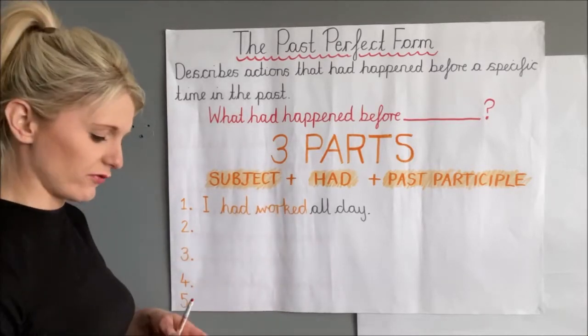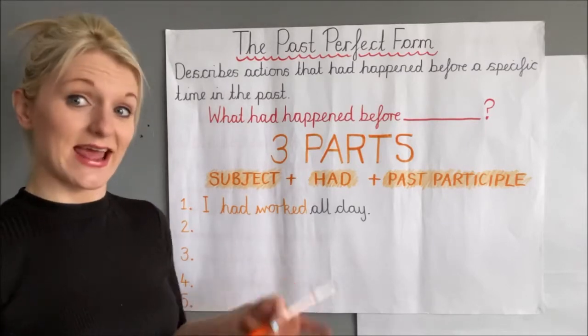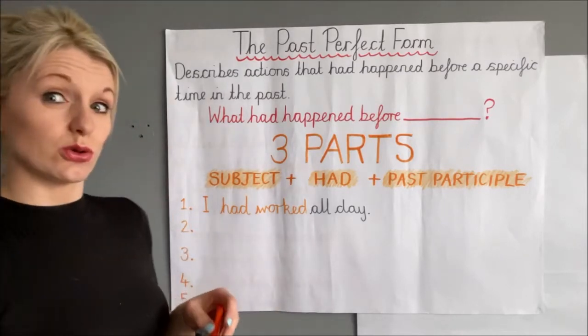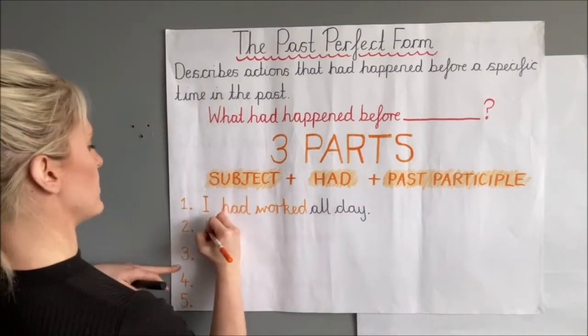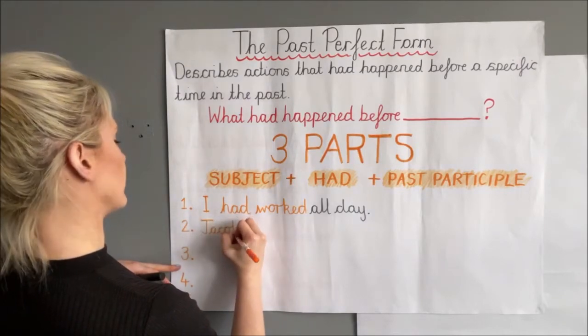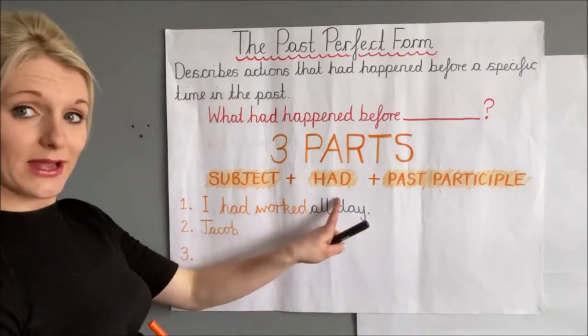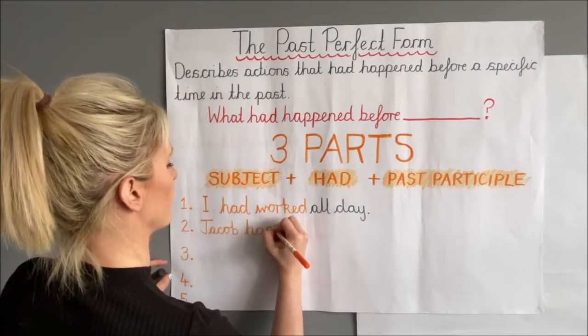Let me give you another example. So using the same question, what had happened before 6 p.m. yesterday in my house? I'm going to talk about Jacob, which is my son, so my subject is Jacob. I need to make sure I use my had, because we always have to use that in the past perfect form.